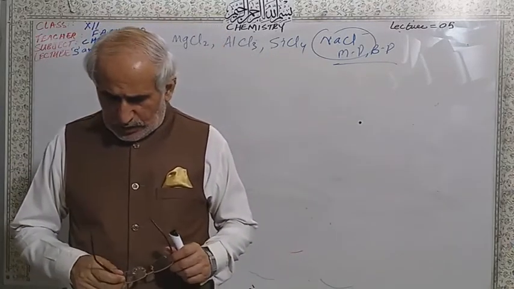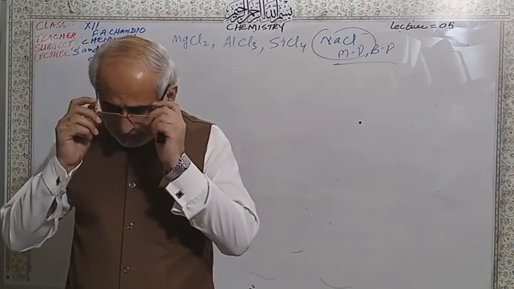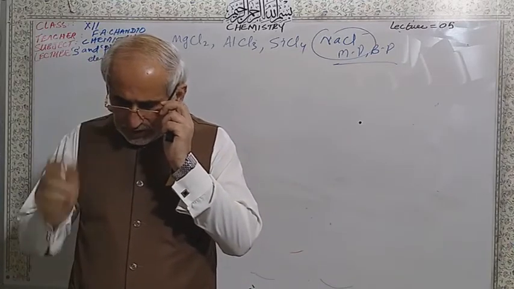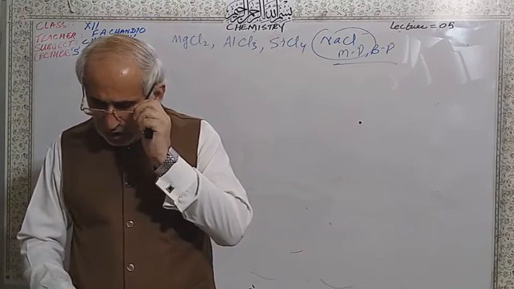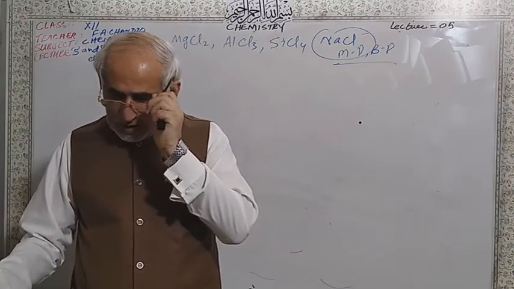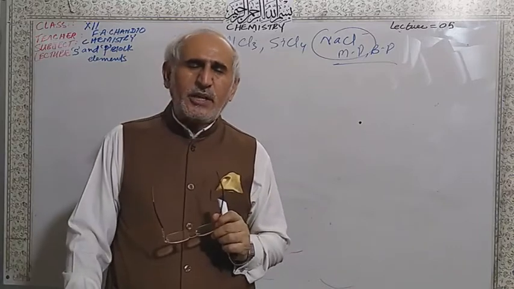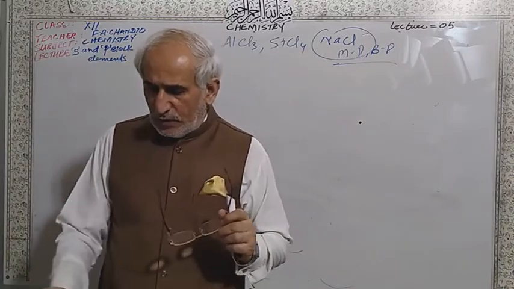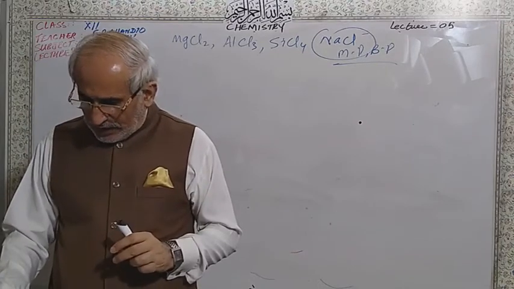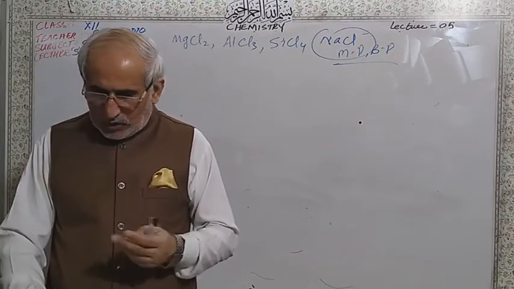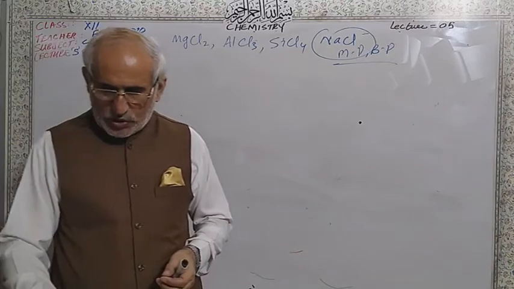When these ions are arranged, in a three-dimensional crystal lattice, the positive sodium ions and negative chloride ions are arranged. Between the sodium ions and chloride ions in the crystal lattice, very strong electrostatic force is present.